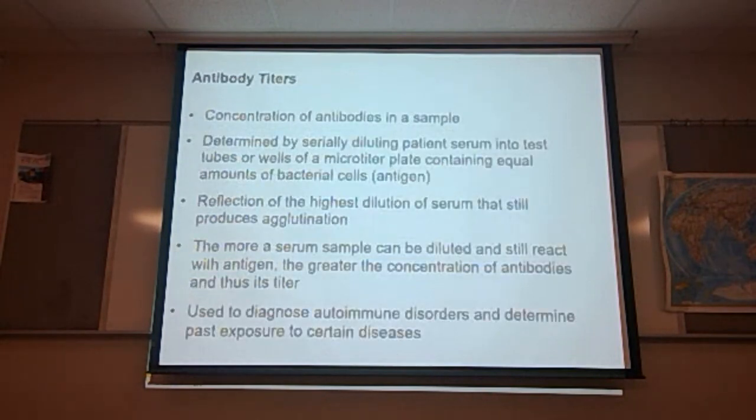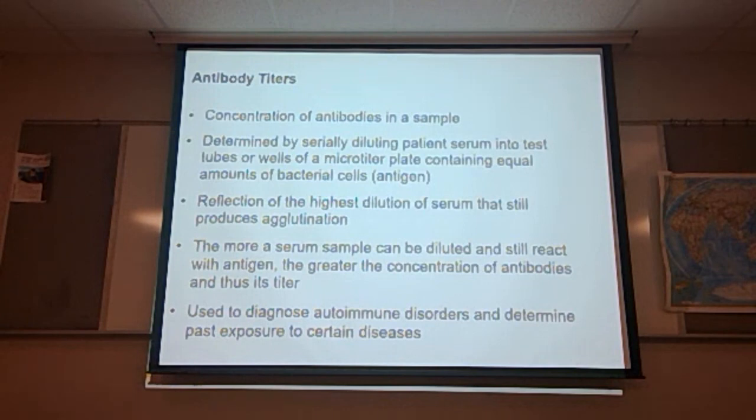Antibody titers, this is where you are looking for the dilution or the percentage or the concentration of antibodies in a sample. This is determined by serially diluting the patient's serum into test tubes or wells on a microtiter plate, which contains equal amounts of bacterial cells or the antigen.